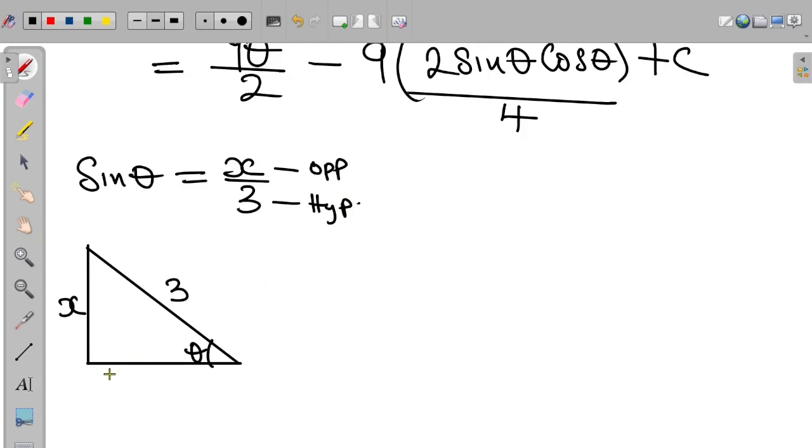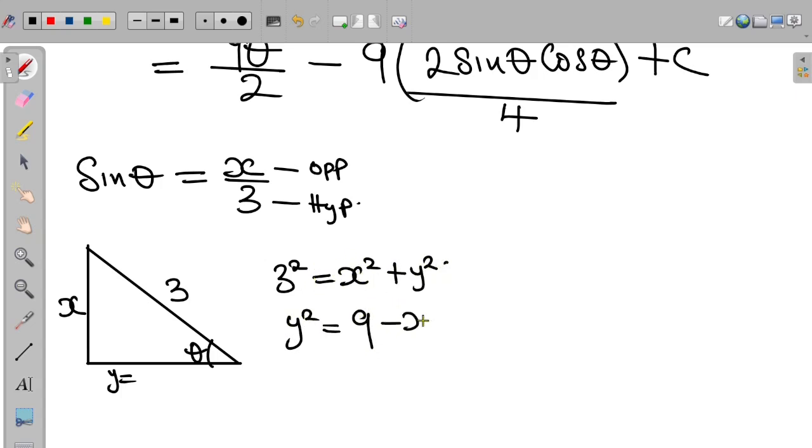So, let's say y equal to, by Pythagoras theorem, we know that 3 squared will be equal to x squared plus y squared. So, y squared will be equal to 3 squared, which is 9, and x squared moved to the left hand side becomes minus x squared. So, y is equal to root of 9 minus x squared.